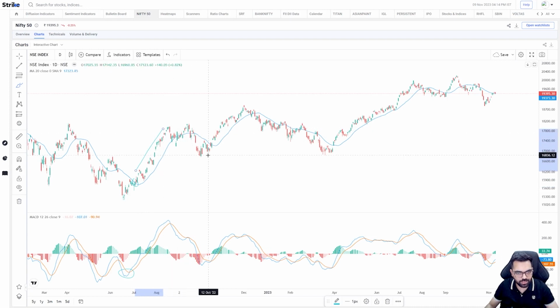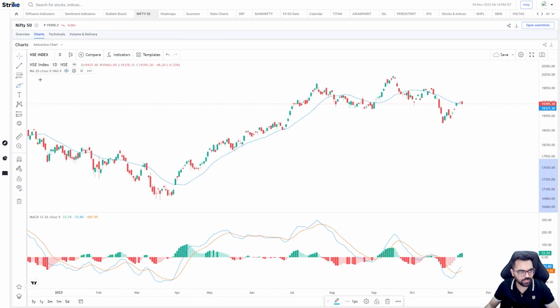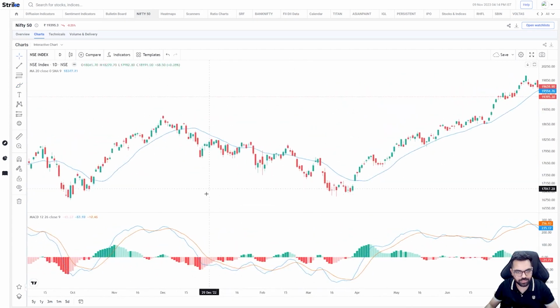Now let's talk about some opposite scenarios. What you can see in this time period is the MACD has given us multiple buy signals, 1, 2, 3, but all these have not worked out. What is common in all this is price wasn't able to stay above the 20-day average for more than 1 or 2 candles.